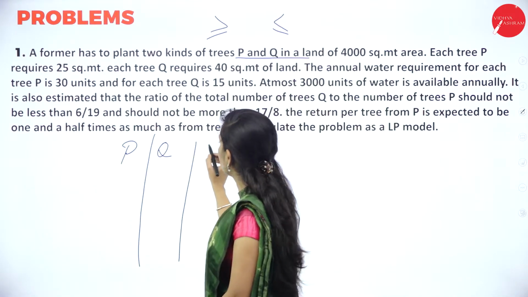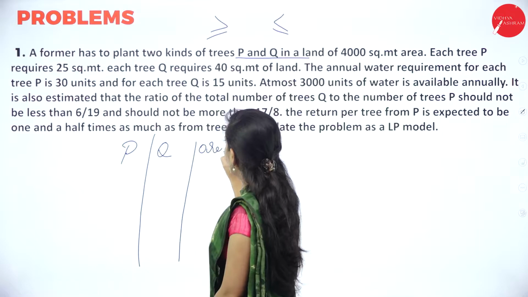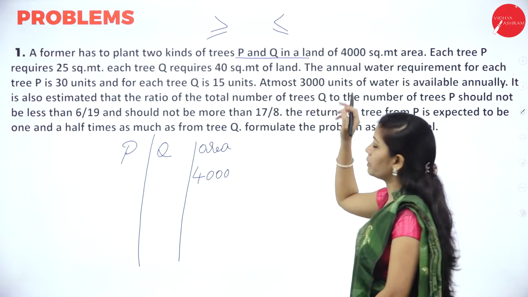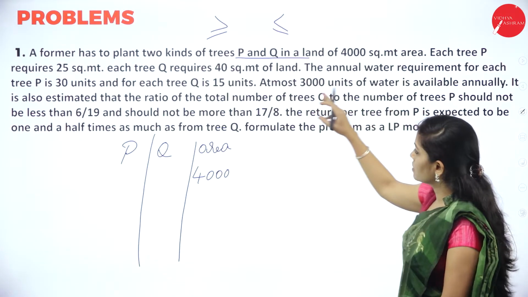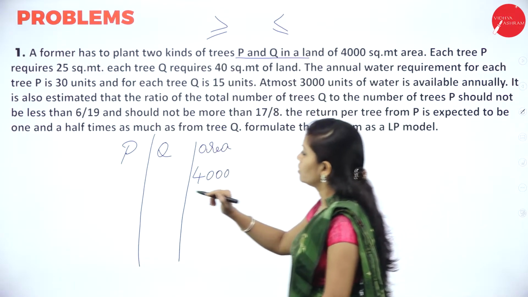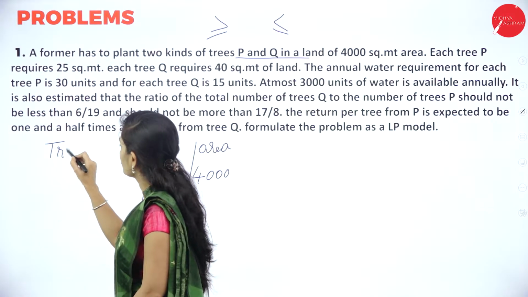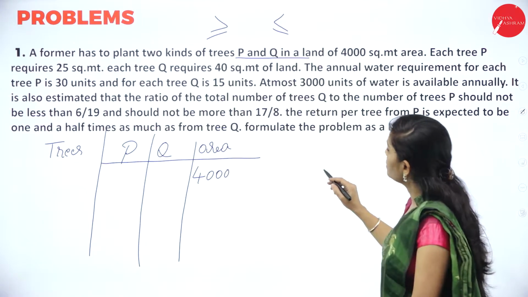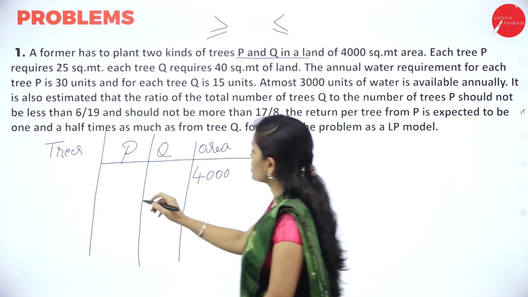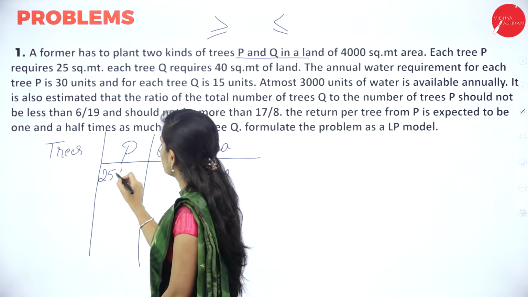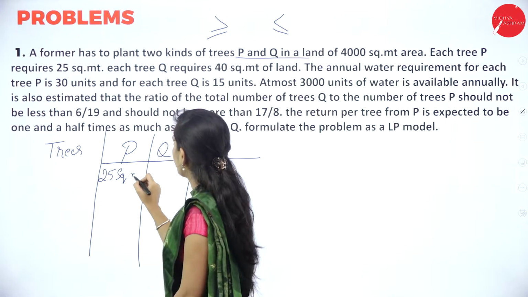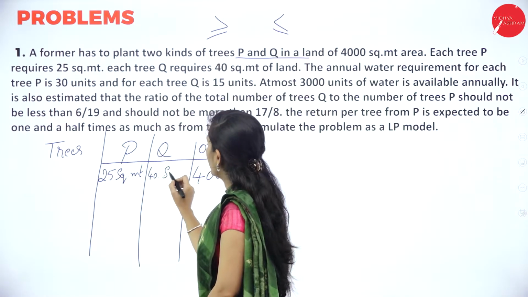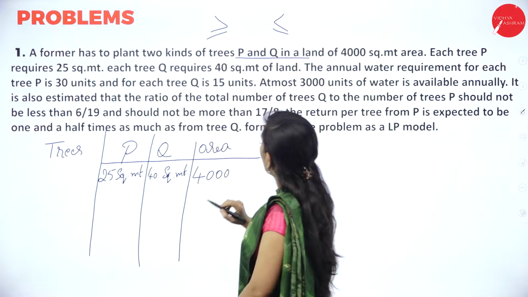In a land of 4000 square meter area, we have two trees called P and Q. Here, each tree P requires 25 square meter and each tree Q requires 40 square meter of land.